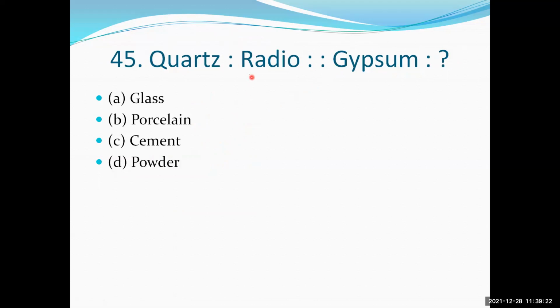Quartz is made up of radio. So gypsum is made up of what? Is it glass, porcelain, cement, or powder?